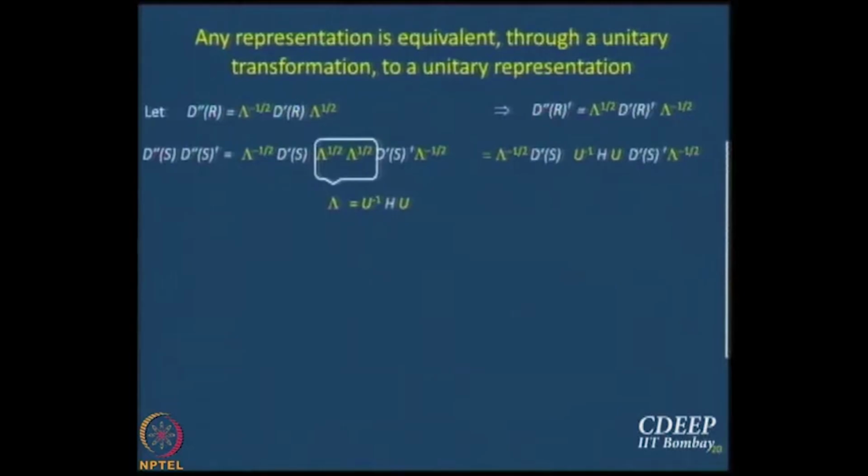What can I do next? H. What is H? Sum over R d_R dagger. You can put that in, and this is what we get: lambda to the power minus half d prime S U inverse sum over R d_R dagger U d prime S dagger lambda to the power minus half. What do we do next?